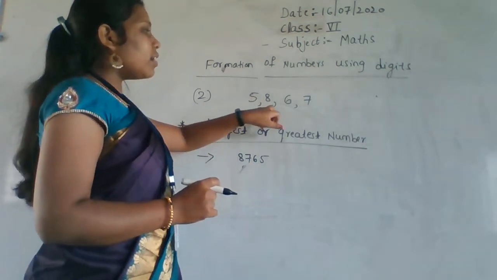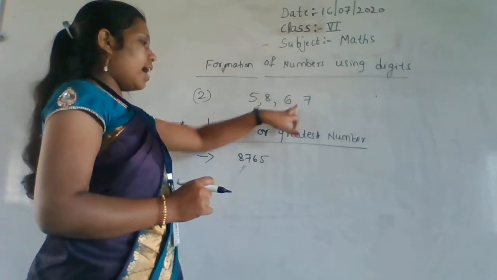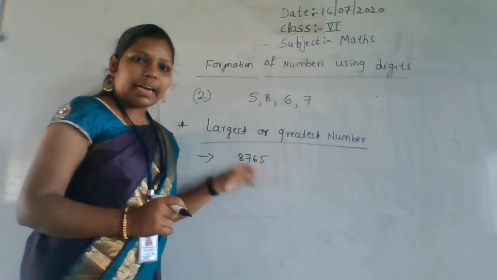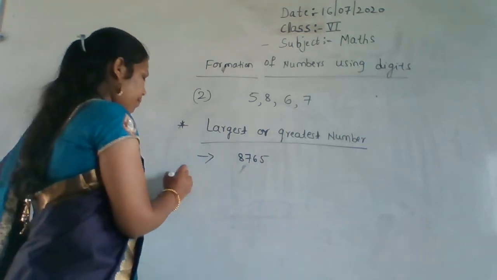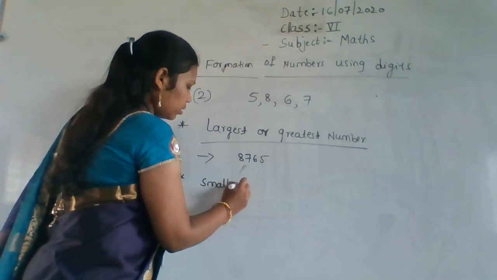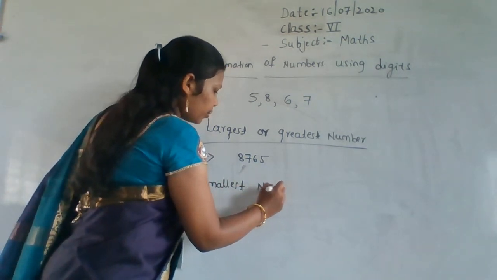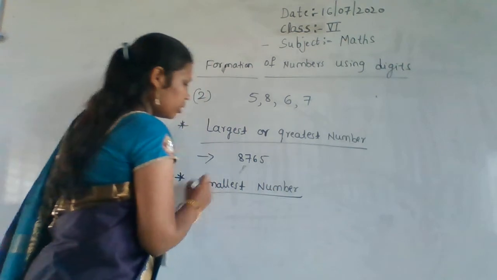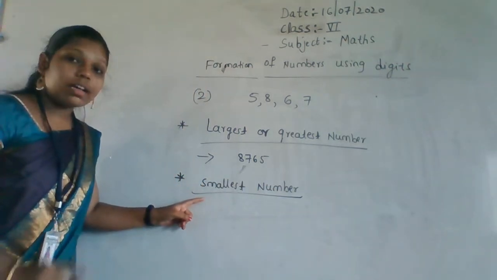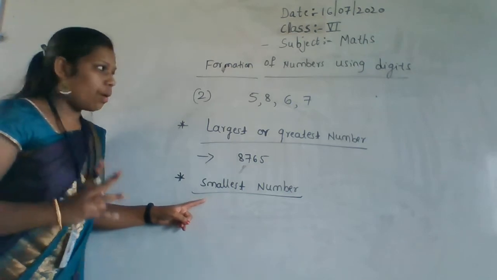So which is the bigger number here? 8. After that 7, next one is 6, next one is 5. Like that you have to do. Next one is the smallest number. How to write the smallest number? You know, it is nothing but ascending order. The smallest number is always in ascending order.